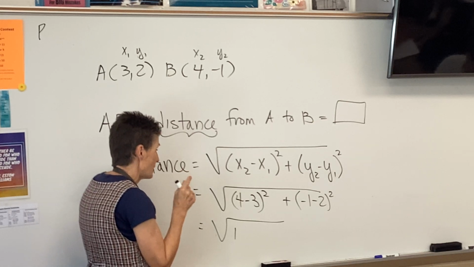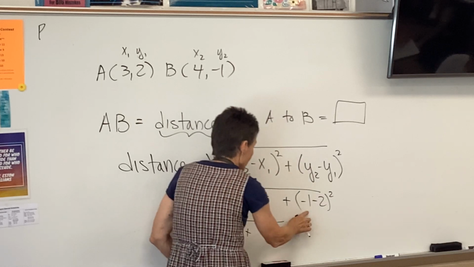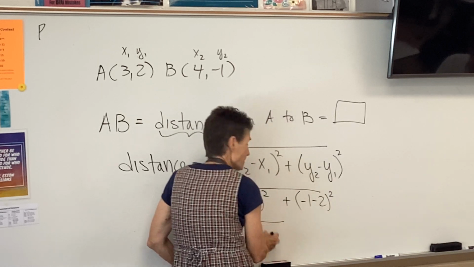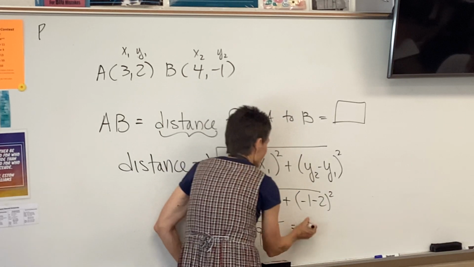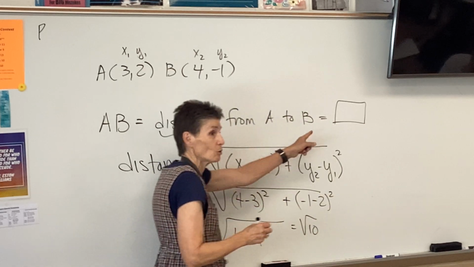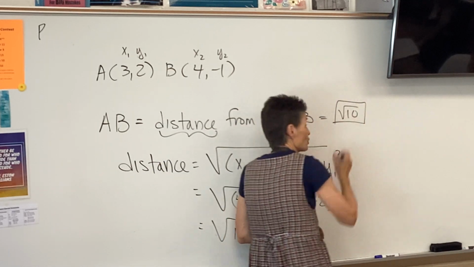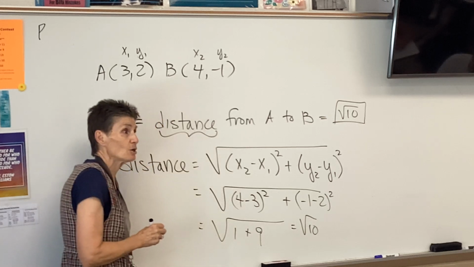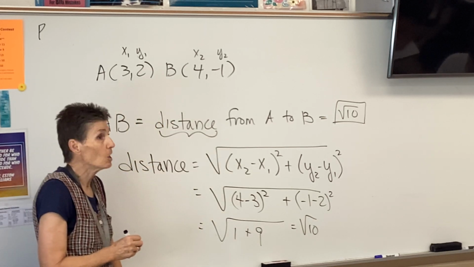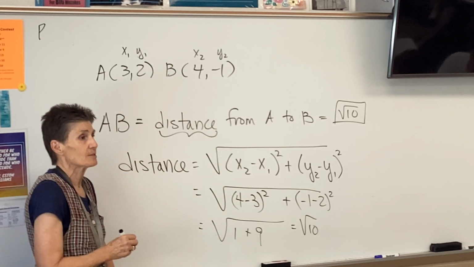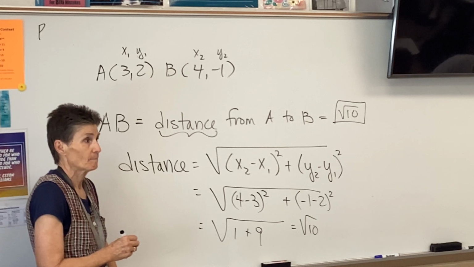That's 1. And this is going to be 9. So the answer is the square root of 10. Remember when I told you it's just going to be a number? It's not an equation. It's not slope and all that stuff. It's just a distance.